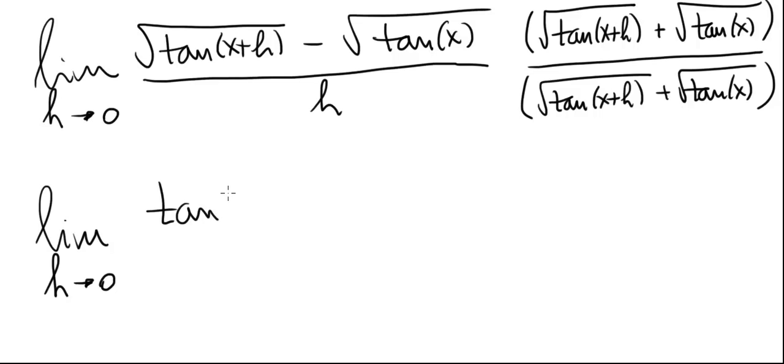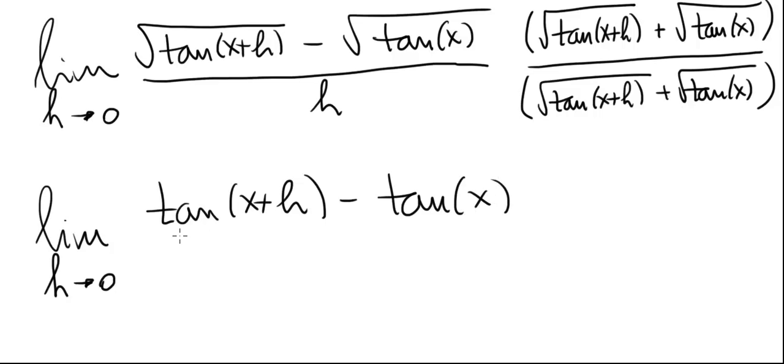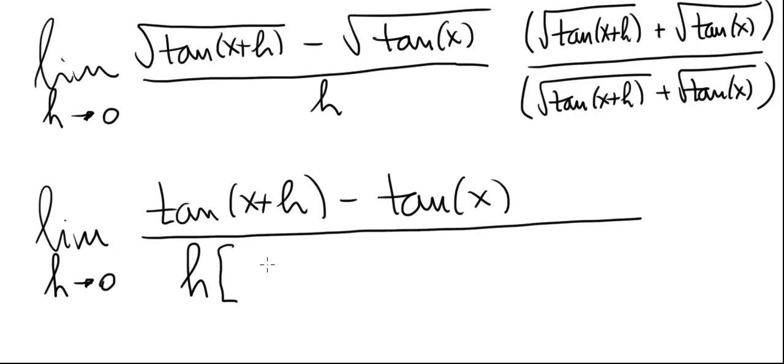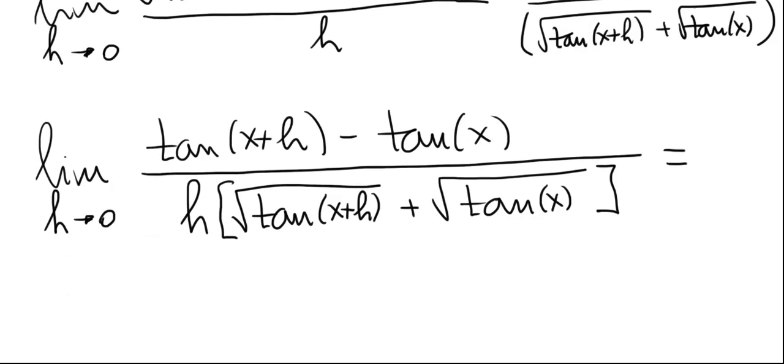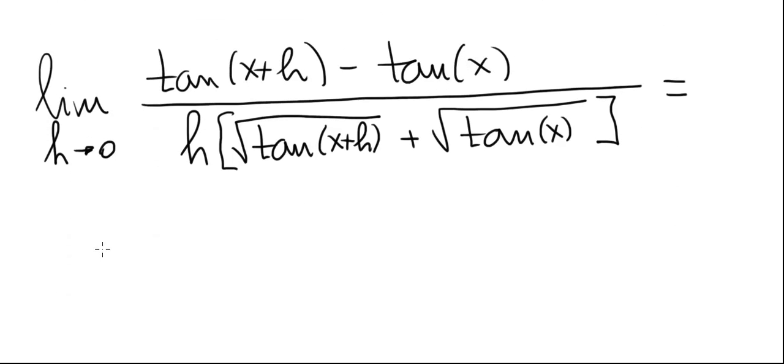It's tangent of x plus h minus the tangent of x. And now the denominator is h times the square root of the tangent of x plus h plus the square root of tangent of x. And this is equal to, now we can use the trig identity on tangent of x plus h.